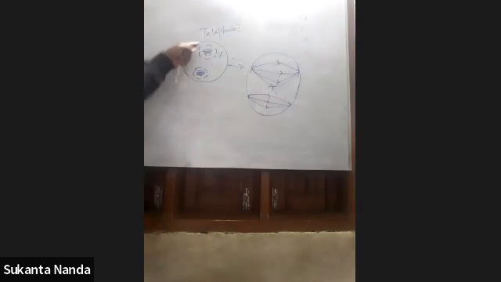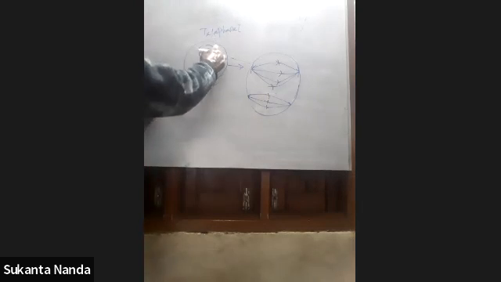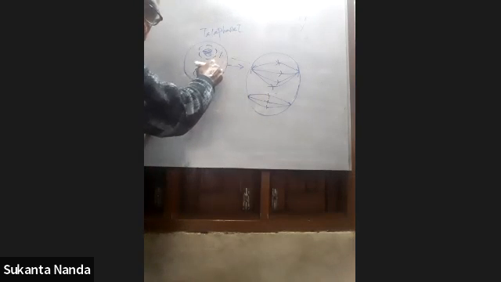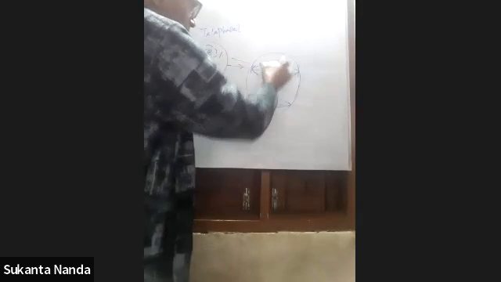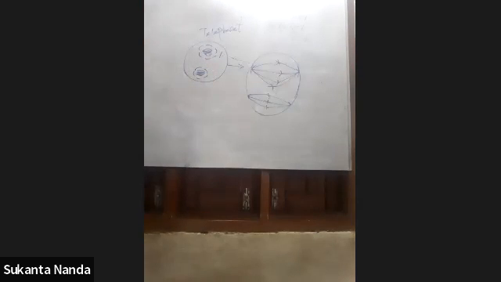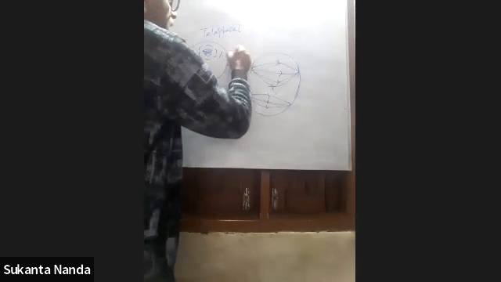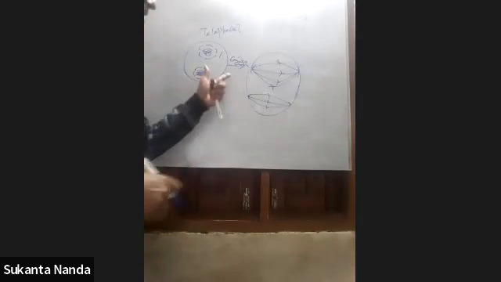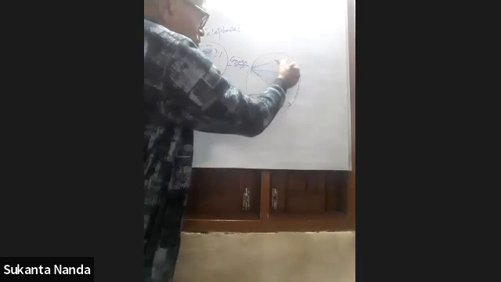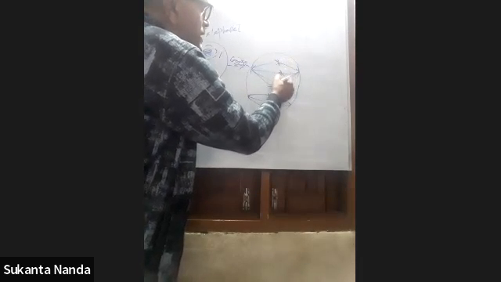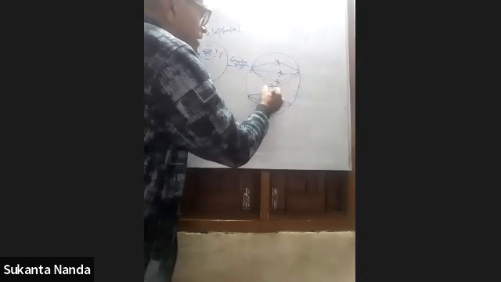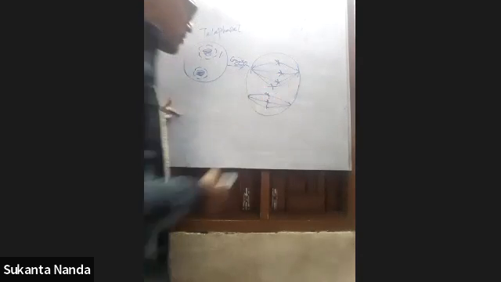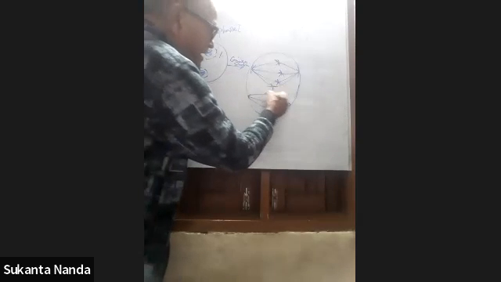So in one cell we find the development of two nuclei. After condensation, the chromosomes are formed, and these chromosomes are attached to the spindle fibers.